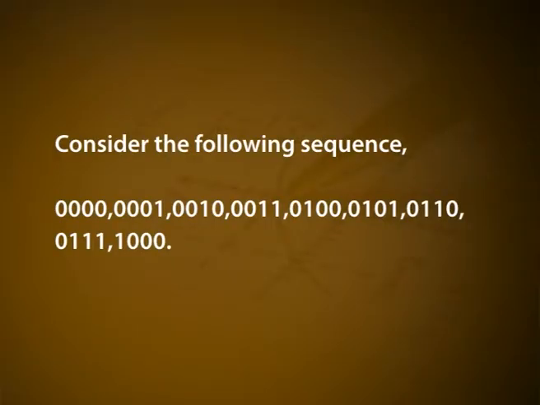Consider the following sequence: 0000, 0001, 0010, 0011, 0100, 0101, 0110, 0111, 1000. This sequence consists of the binary representations of the integers 0 through 8.